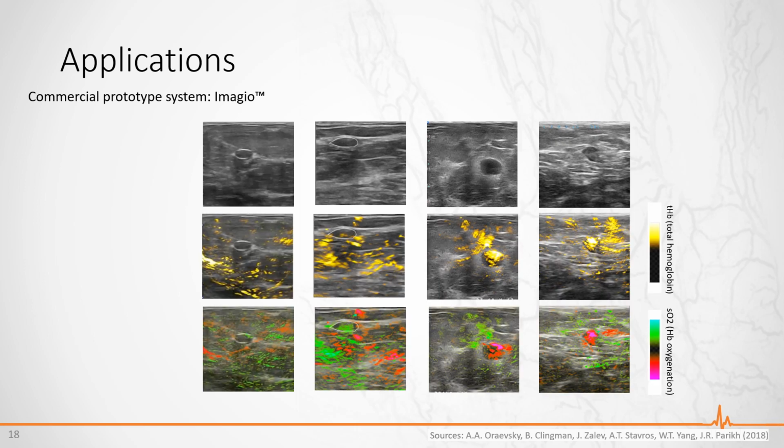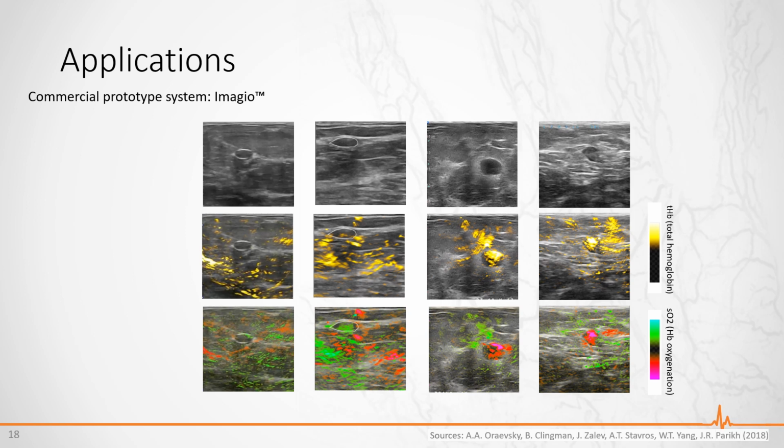But switching on the PAI images, it is clearly visible which of the potential tumors have above average blood vessels in their vicinity from the total hemoglobin detection images, and which ones deoxygenate their supplied blood too strongly from the hemoglobin oxygenation images.